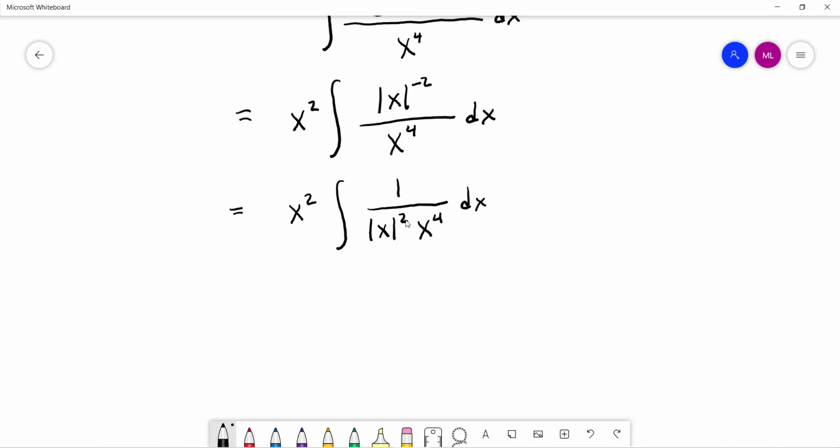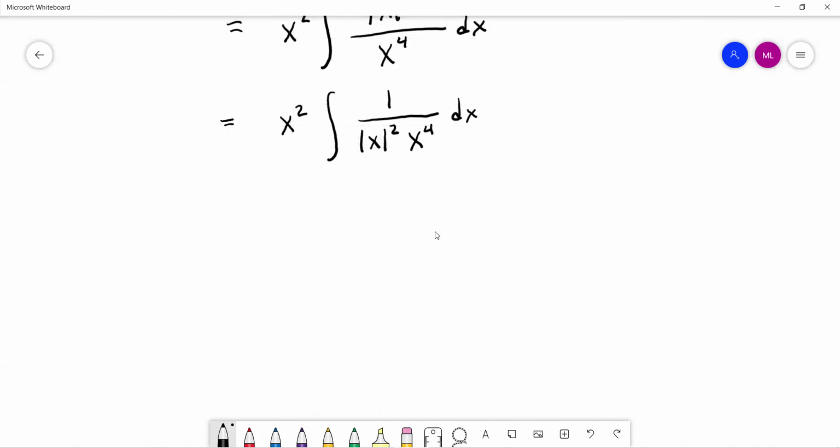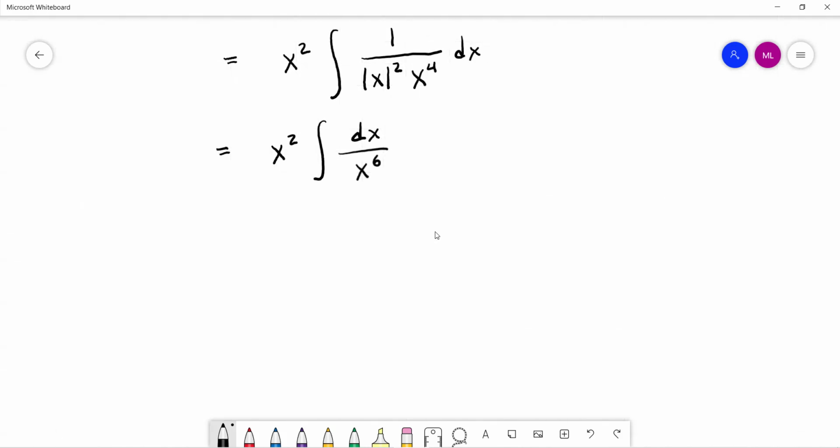Again, I can drop the absolute values because we're squaring it anyway, so it's just x squared times x to the 4th, which is going to be x to the 6th in the denominator. And we've got dx over x to the 6th. So this whole thing can be written as x squared times the integral of x to the negative 6 dx, if you want to think of it like that.